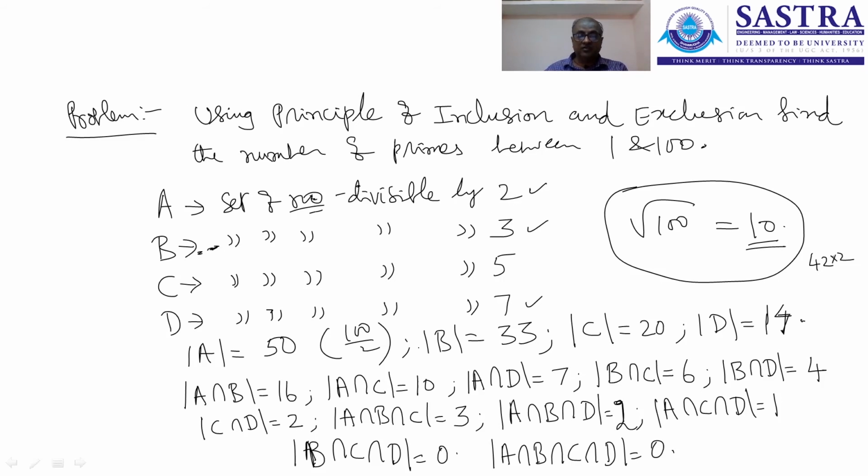So in this case, this gives you the number of elements. From that, what I do is I find the numbers which are divisible by 2, 3, 5 and 7. Let me do it here in the next slide.